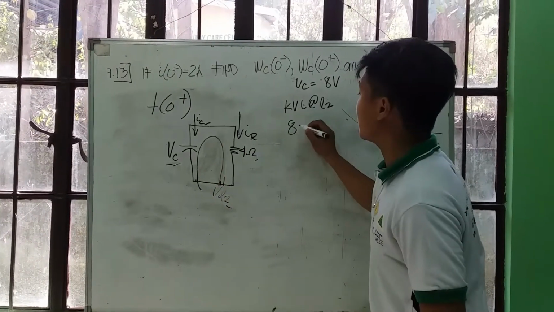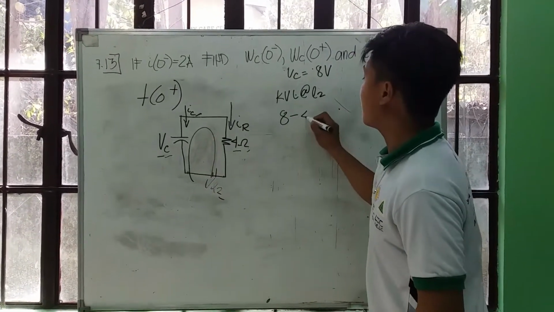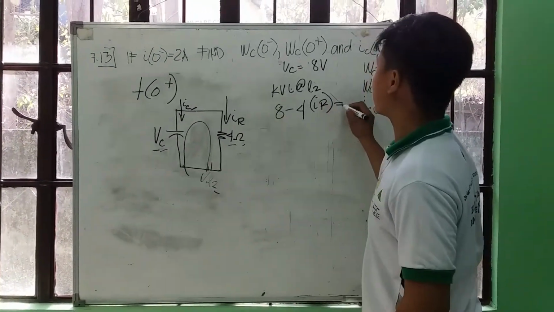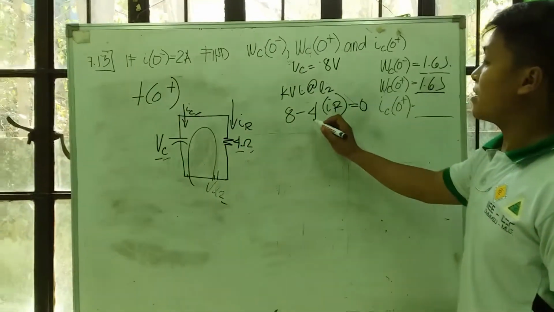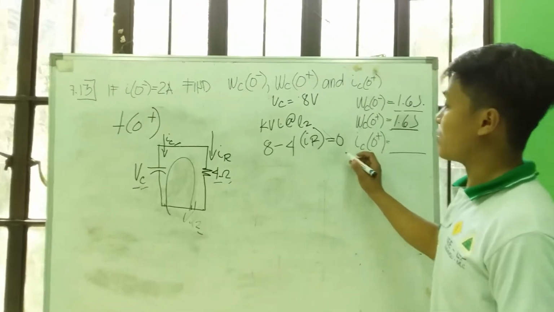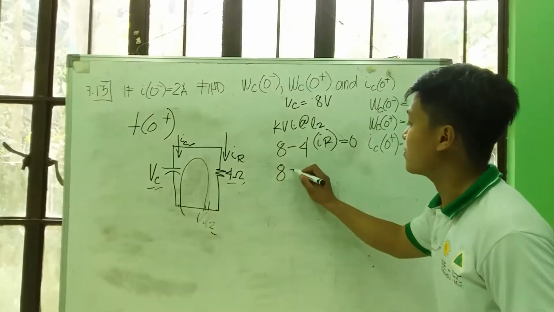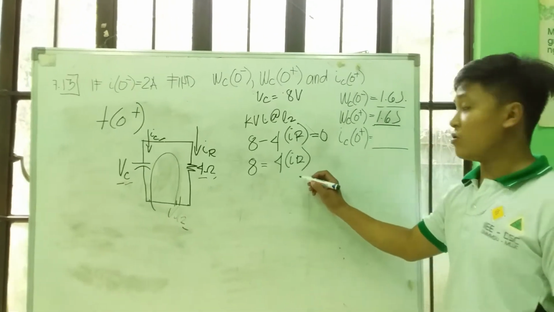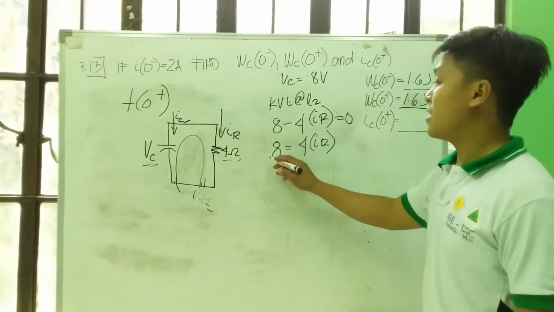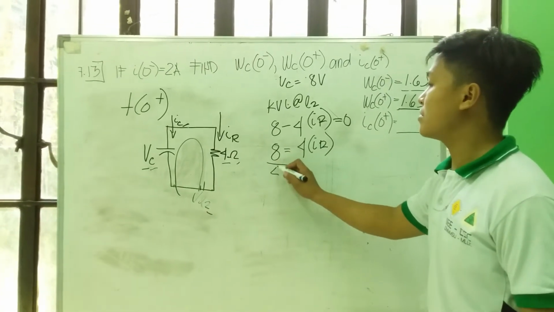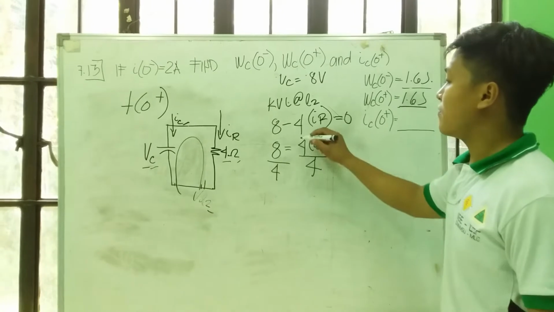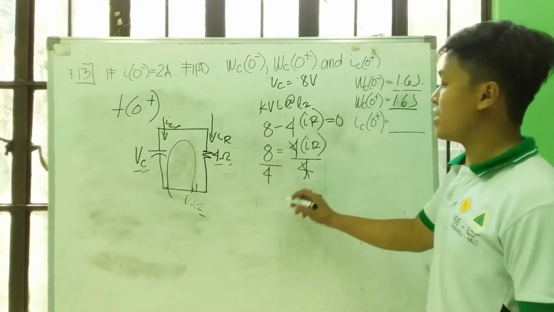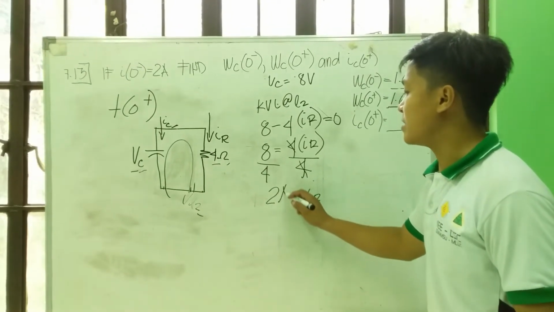Now, 8 minus 4 times the current IR equals 0. To get the value of IR, we transfer the 4 times IR to the right side of the equation. It will become 8 equals 4 times IR. To get the value of IR, we divide both sides by 4. The 4 will cancel and IR will remain. The value for IR now is 2 amperes.